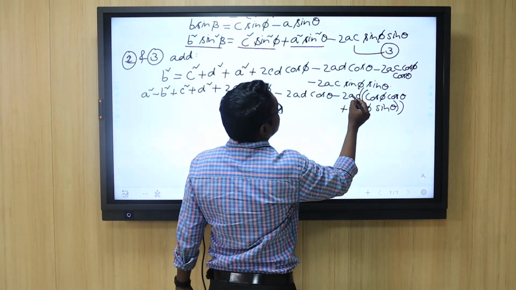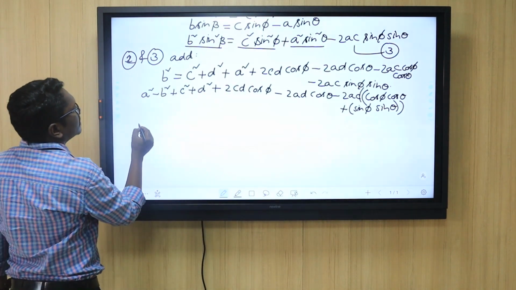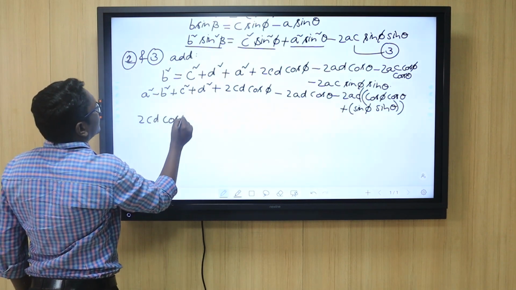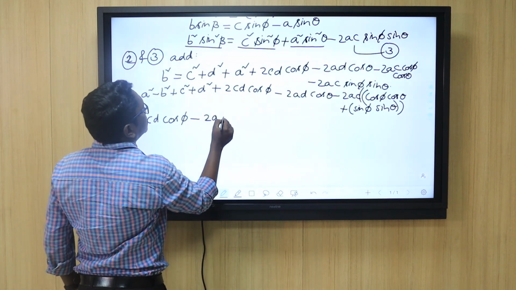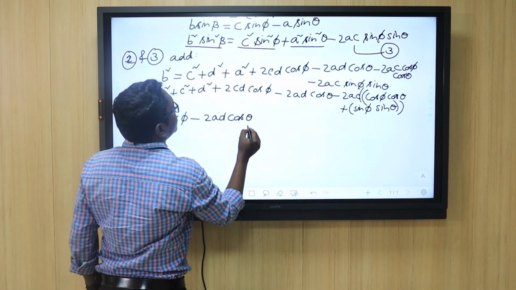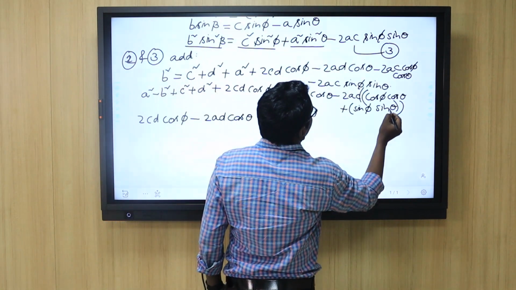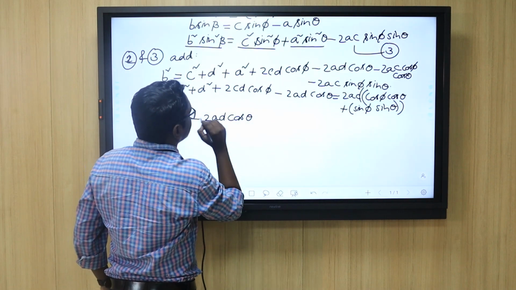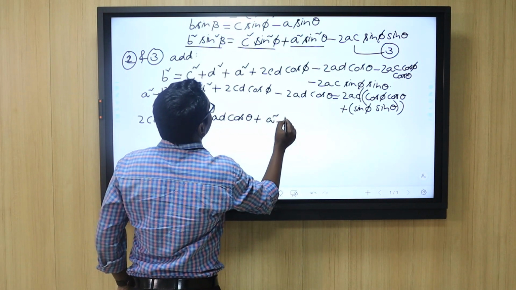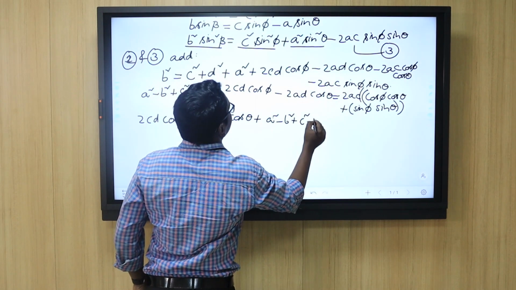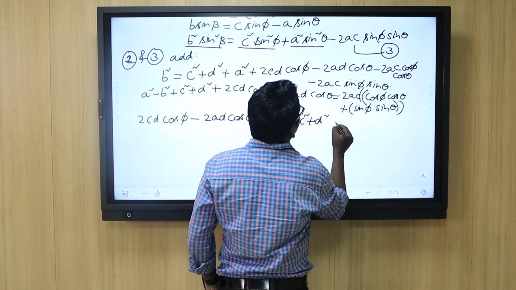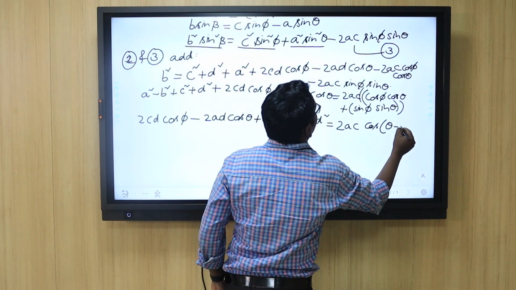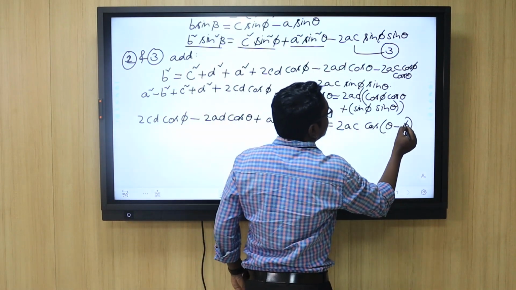So here we are considering 2ac as common, right? So now let us write the equation. 2cd cos phi minus 2ad cos theta plus a square minus b square plus c square plus d square is equal to 2ac, and we can write this as cos of theta minus phi or phi minus theta.